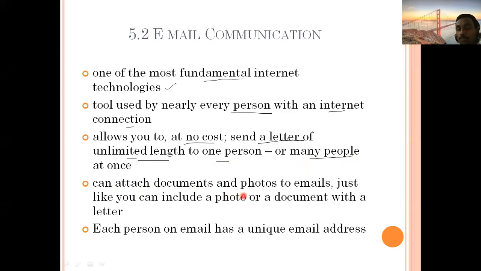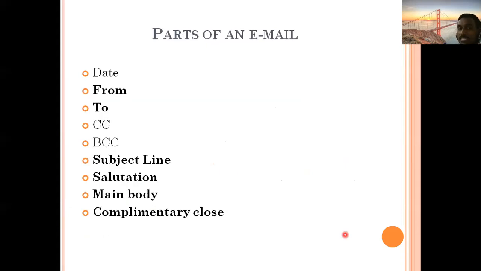You can attach documents and photos to emails, just like you can include a photo or a document with a letter. Each person on email has a unique email address that we just discussed. Everybody has an email account, and that is unique. So here you'll get the parts of an email. Which parts? First of all, date.